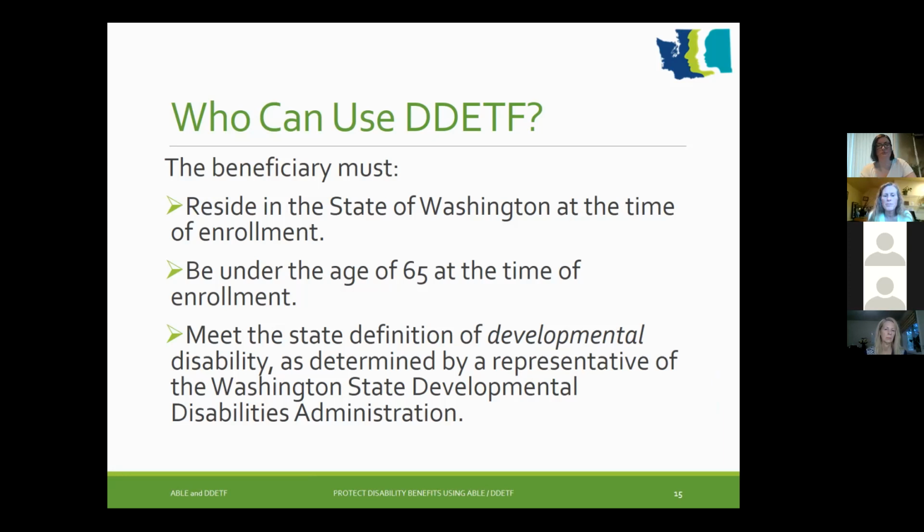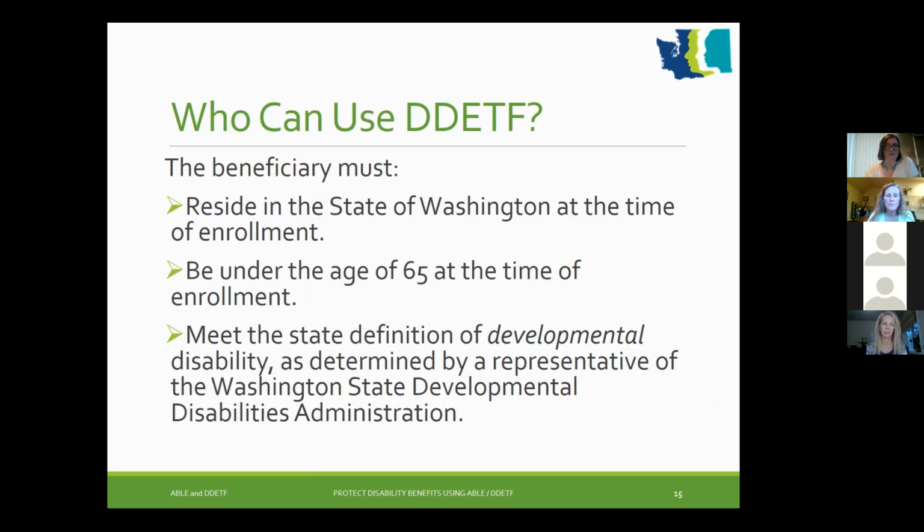The last one is you meet the definition of developmental disability, which is a much narrower definition of disability than what the ABLE account uses. That determination is done by a representative of the Washington State Developmental Disabilities Administration. I know we probably have a lot of kids that might be on some type of waiver service or something from DDA.